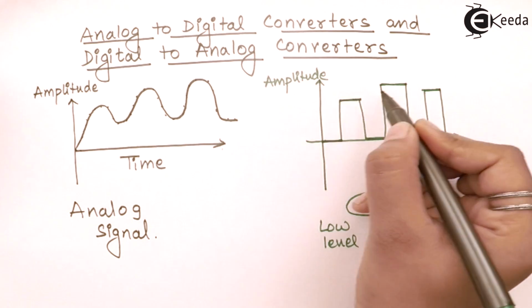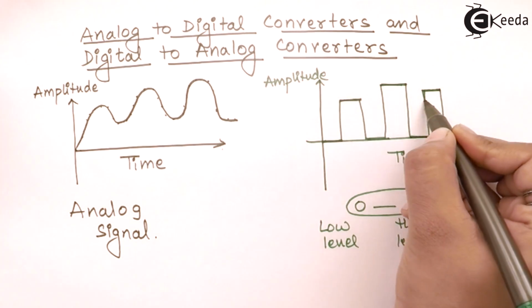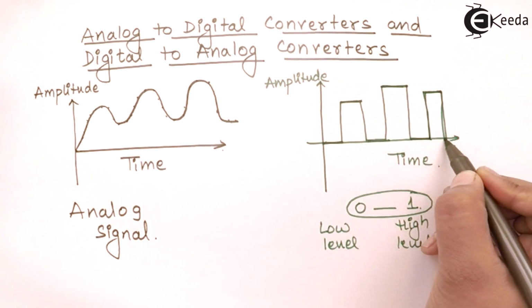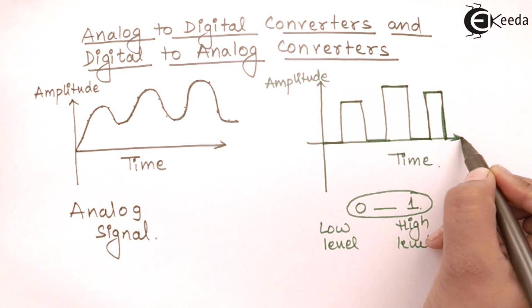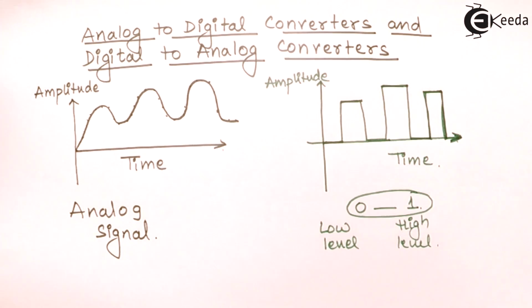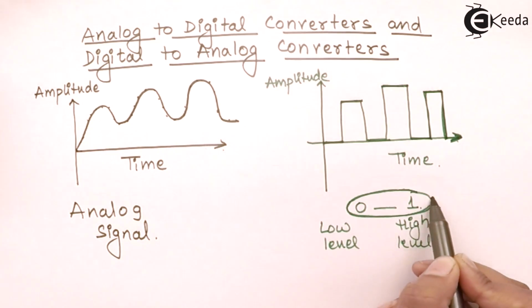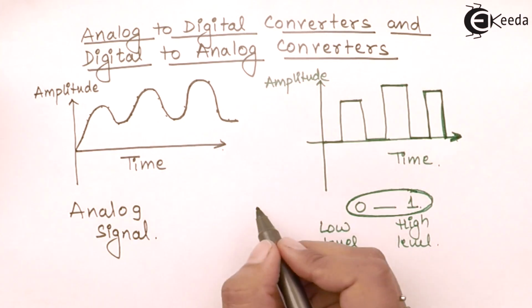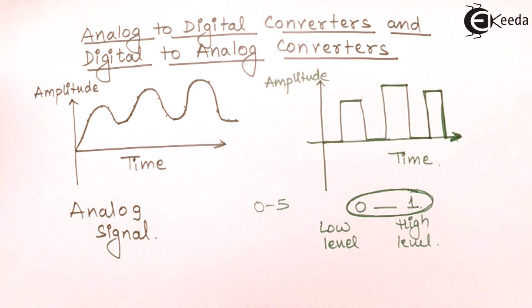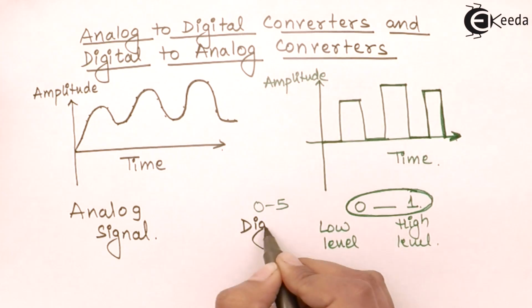It's not necessary that it is 1 always. It can be any number; any binary number can be there. If we take only the two binary digits, 0 and 1 can be there. It can be 0 or 5, 0, 7, 5, 7. So the output is in the form of binary numbers only. This is an example of a digital signal.